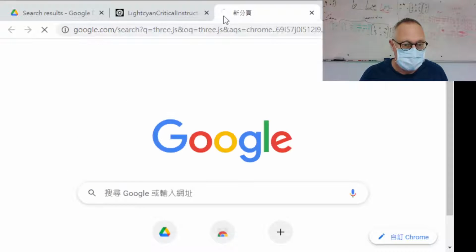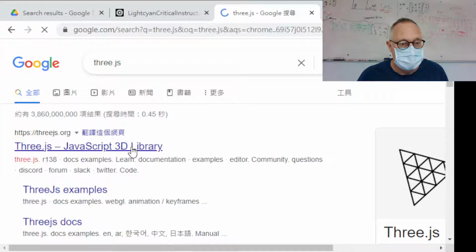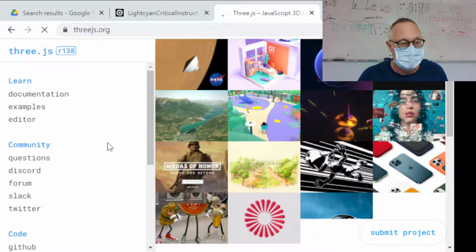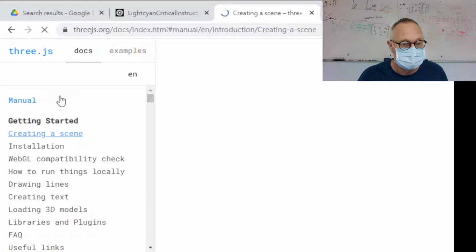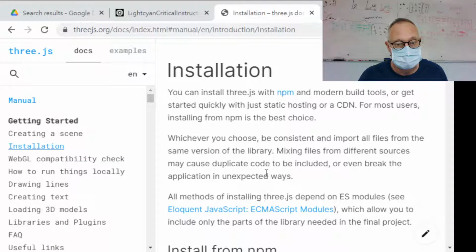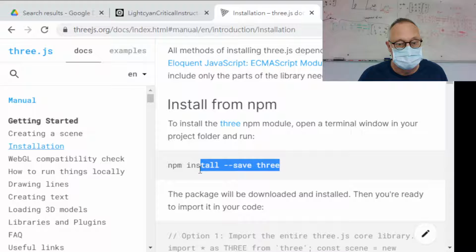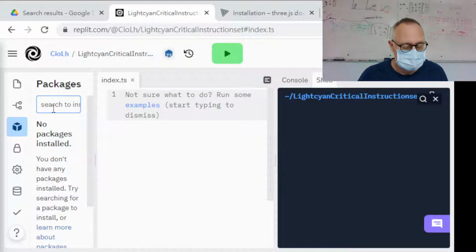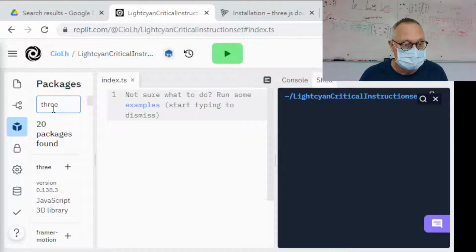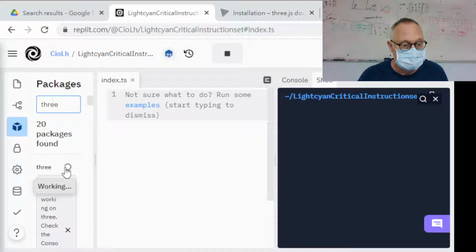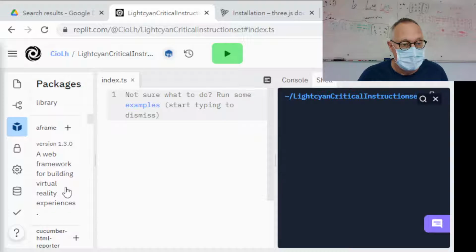I just want to see if the 3JS library works on the web page. Okay.